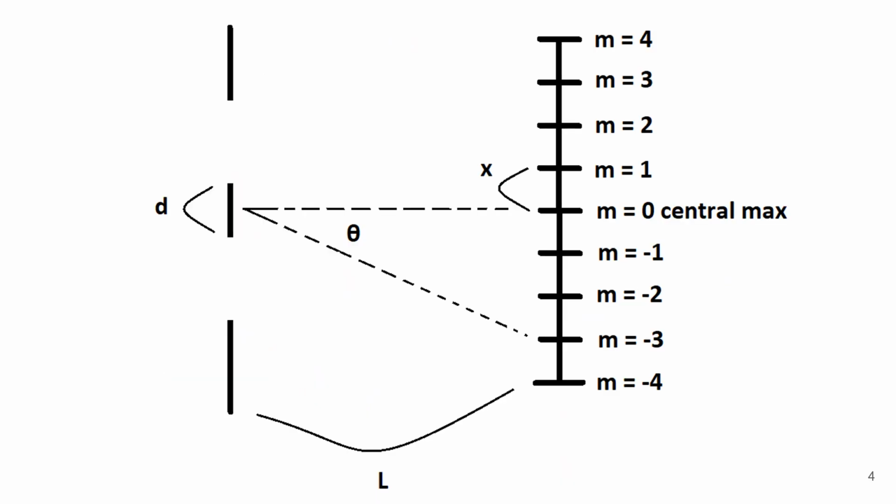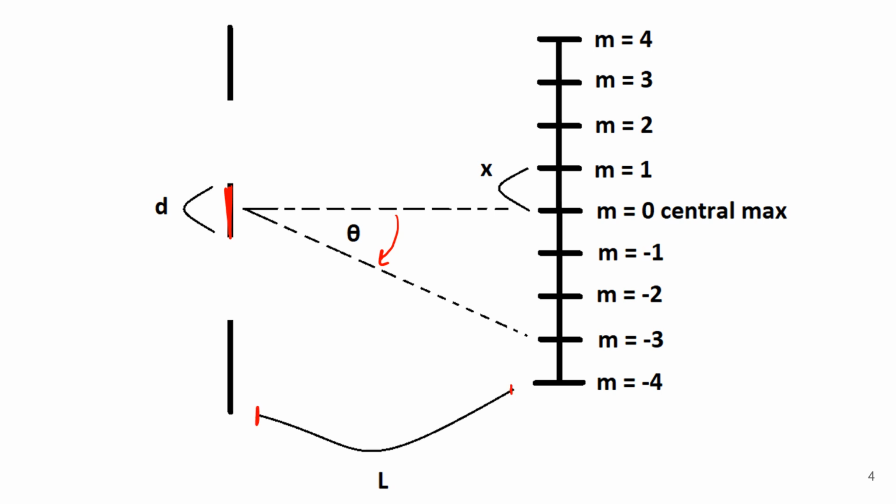So as we lead all this towards quantifying it, we have a bunch of new variables that we have to identify. This gap right here, d, is the distance between our openings. We have the angle at which our bright spots occur. That's going to be theta still. Theta is always an angle.